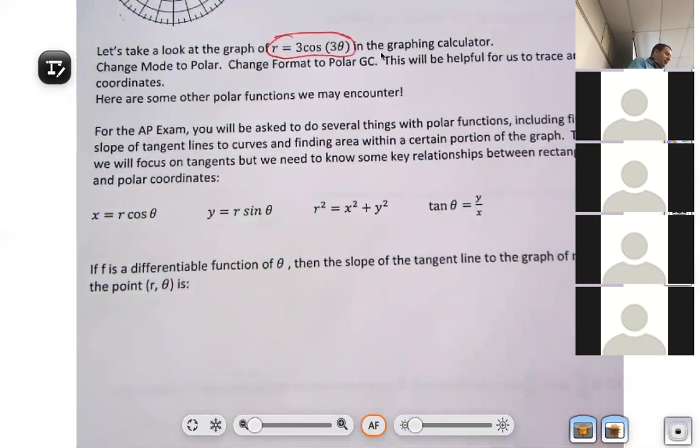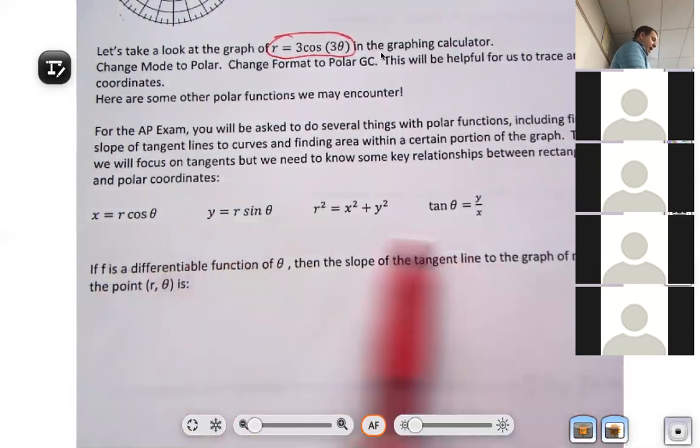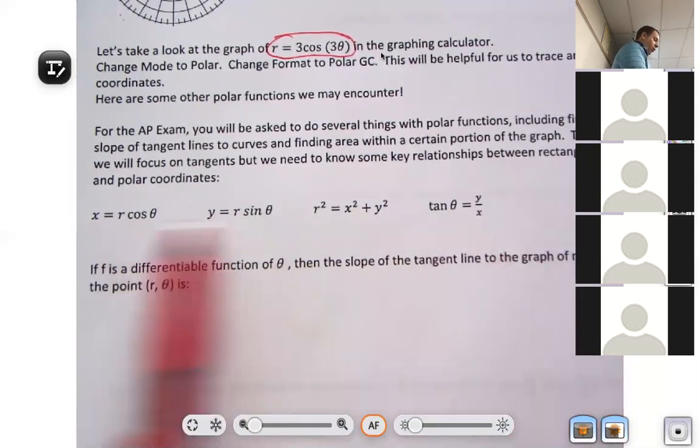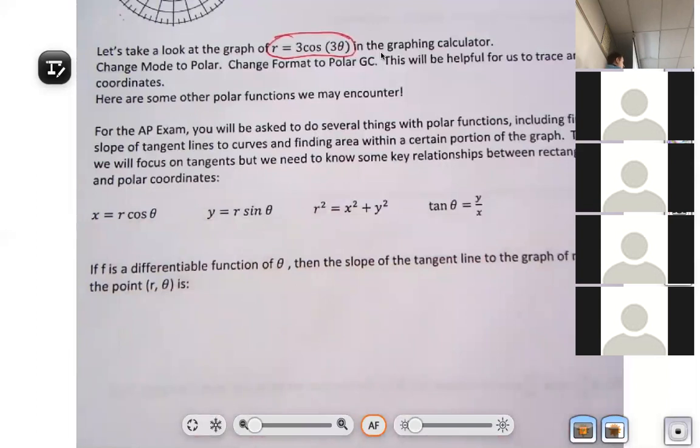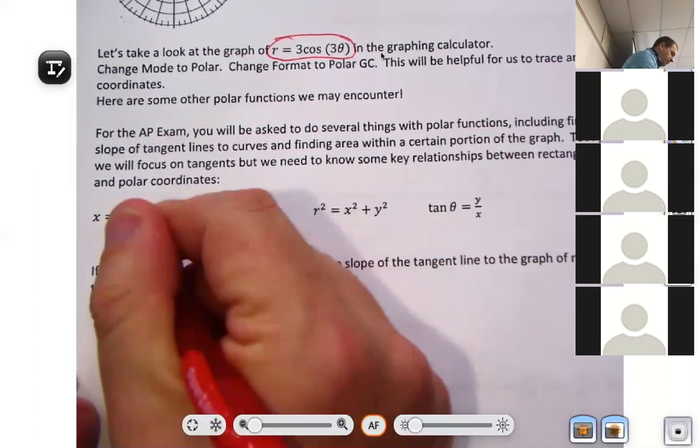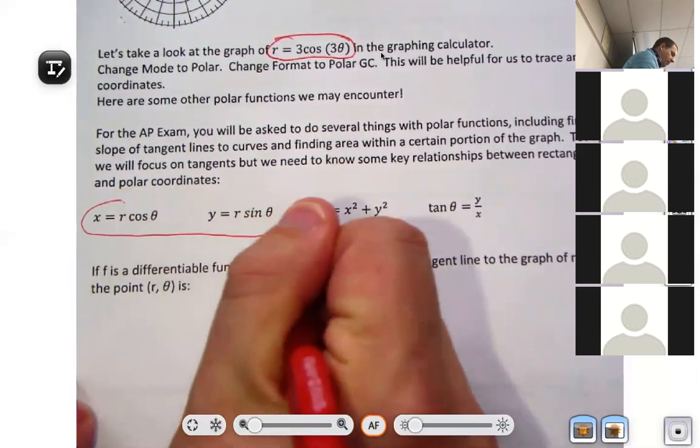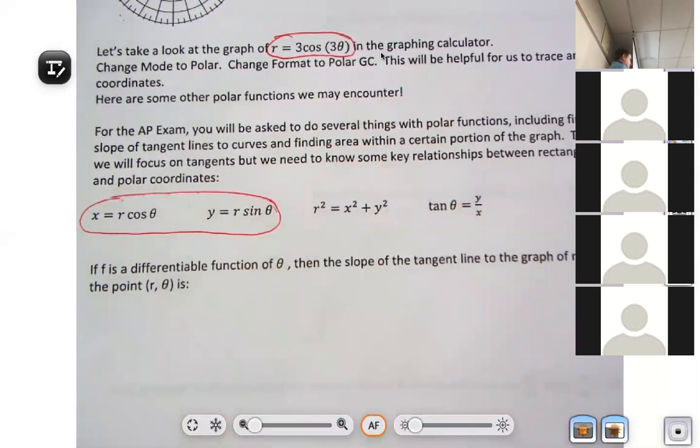Now, here are the things that you need to remember going back to pre-cal. These are your 4 polar formulas that you have to be able to do and go back and forth. You're going to have to go from polar form to rectangular form, and then from rectangular form to polar form. So these first 2 take you from polar form to rectangular form.